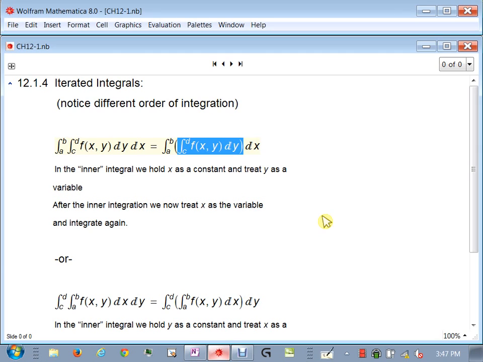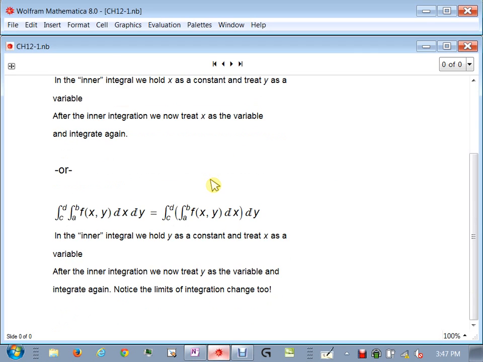We said treat the y like a constant or treat the x like a constant. Integration is the same thing. We have what's called partial integration. When we integrate and you have x and y in here, if you have dy here, then y is the variable and x is the constant. So when you integrate backwards, you have to treat x like it's constant, and the y is what you do all your methods on. That kind of makes sense? So that's what all this says.